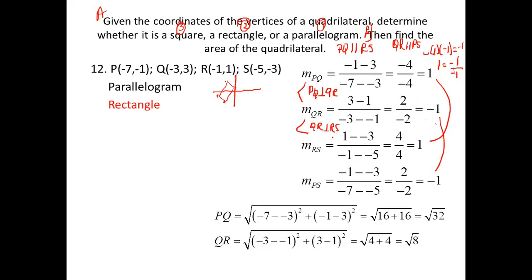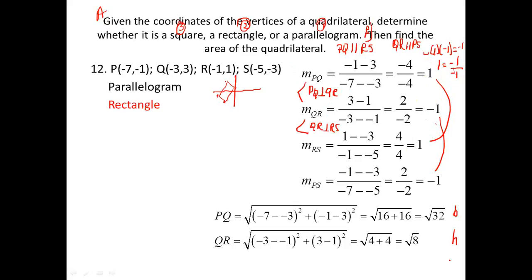Again, I'm going to check my distances. My PQ and QR. It's consecutive sides have to be the same. So I've got to prove that or know that. And also, since I know that there are consecutive sides, that also gives me my base and height. So no matter what, those consecutive sides, since it's a right angle, are base and height.